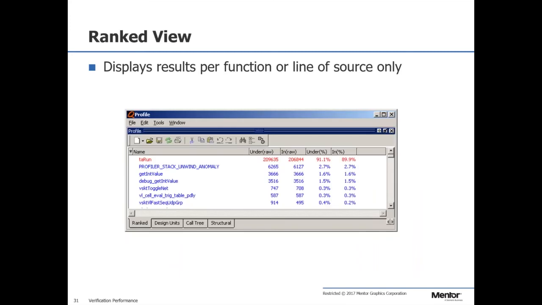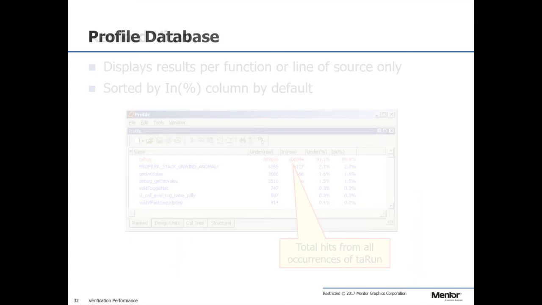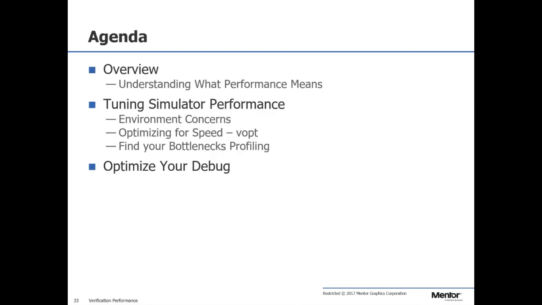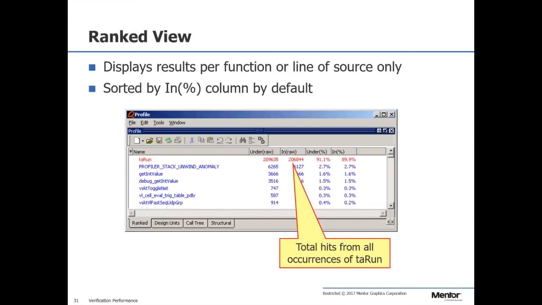And so there's a bunch of different views. You can look at the ranked view. You can look at, probably that call tree is the one that I use the most. You collect that information. You try to find those inefficiencies. You clean up those inefficiencies, and you'll see your code will run much faster.